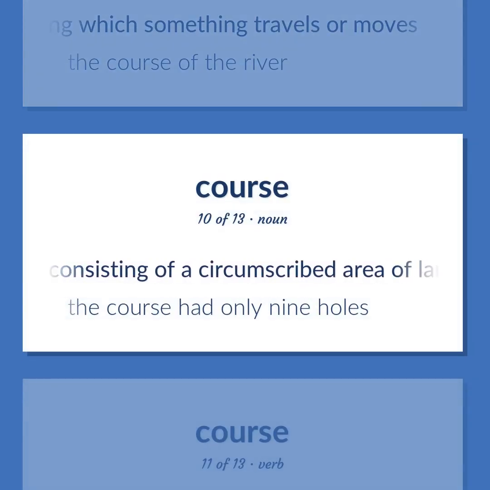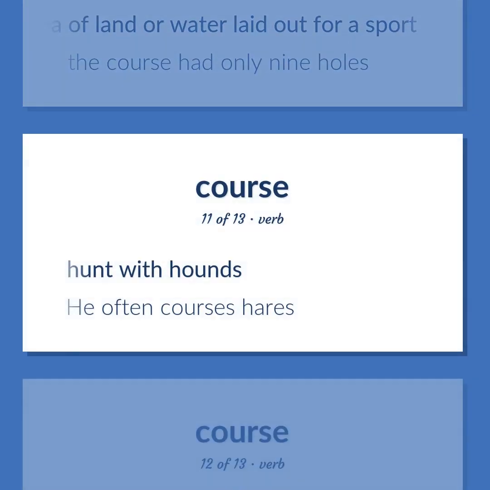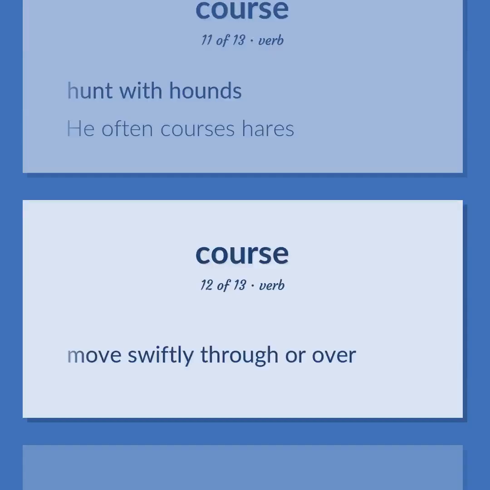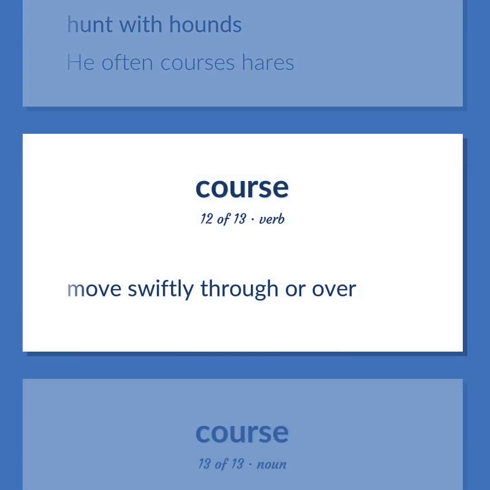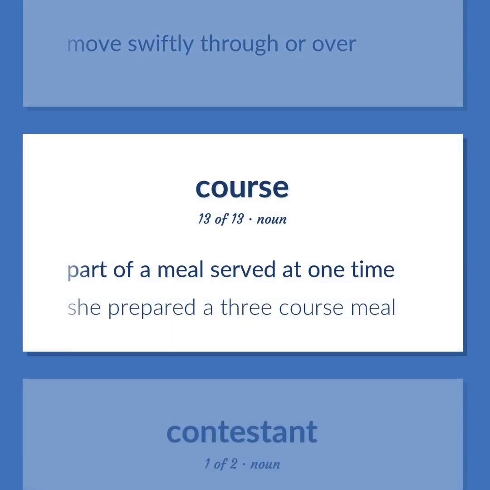Facility consisting of a circumscribed area of land or water laid out for a sport. The course had only 9 holes. Hunt with hounds. He often courses hares. Move swiftly through or over. Part of a meal served at one time. She prepared a 3-course meal.